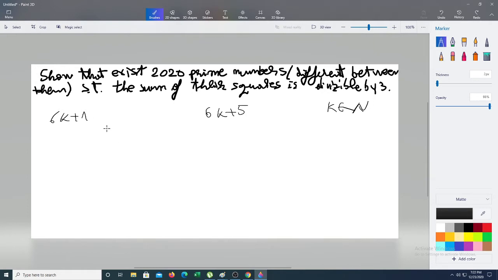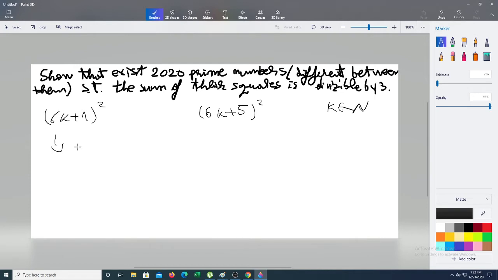I wanted to do this observation to show you guys that these two expressions are not the perfect expression. Approximately. Remember that. Now we want to square them because 6k plus 1 in general is a prime number and the other is also a prime number. We want to square them because we have to show that the sum of their squares is divisible by 3.